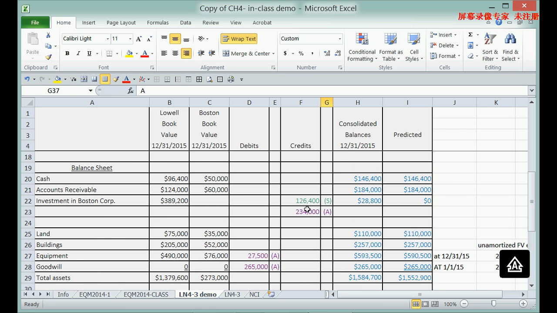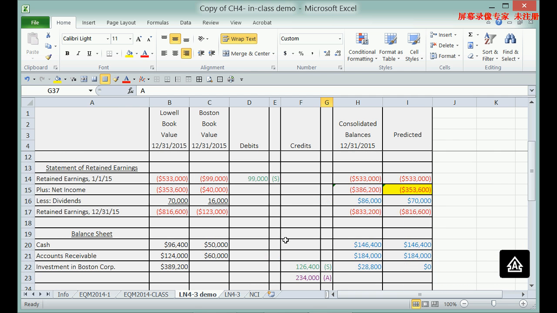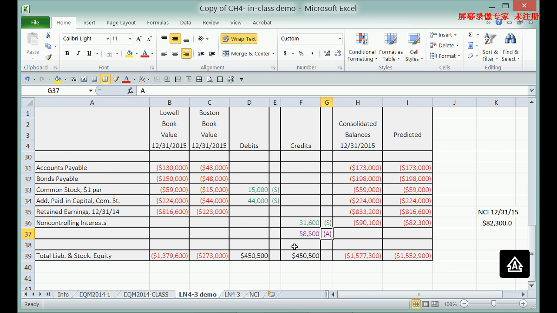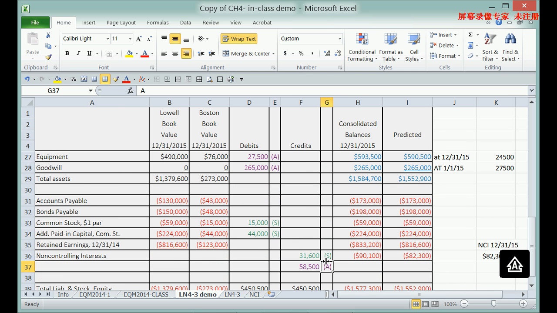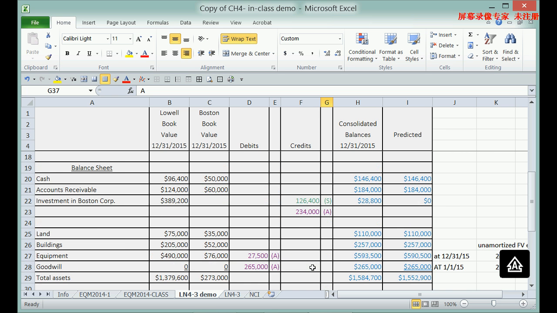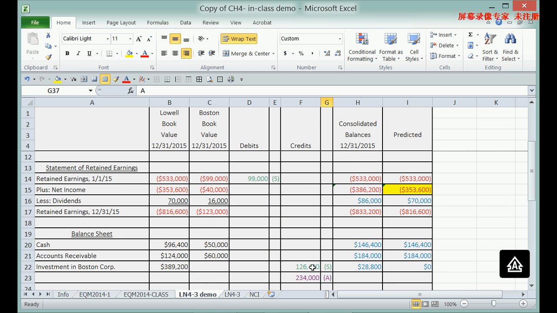Okay, that's the A entry. So basically, S and A are as what we've done before, but just splitting between the CI and NCI. Now, the D entry eliminates the dividend. Dividend has a debit balance, so we take a credit of 16,000.